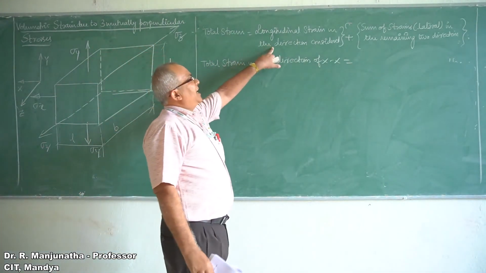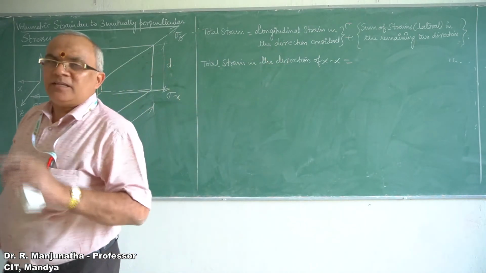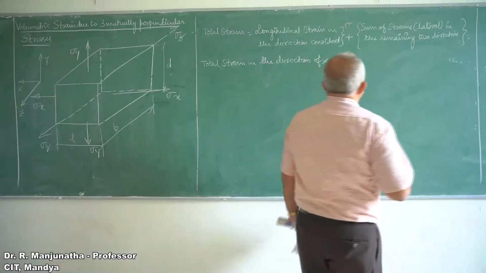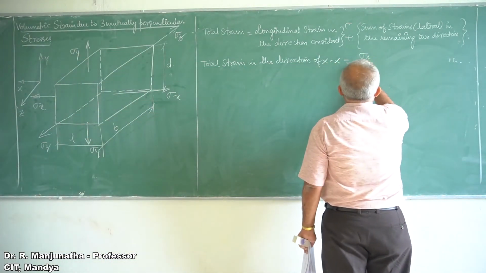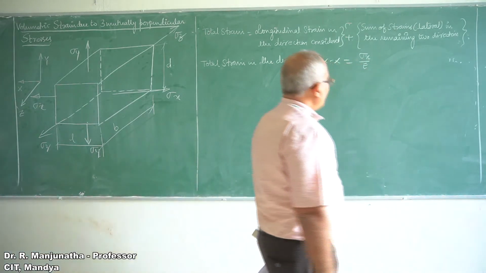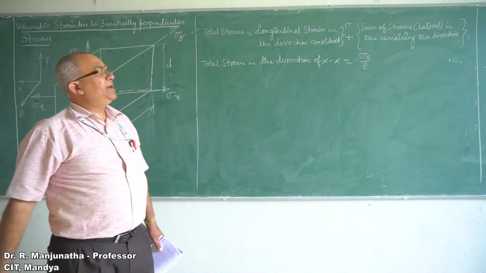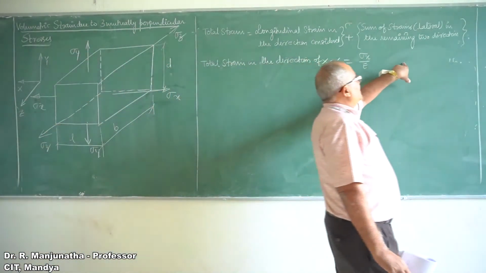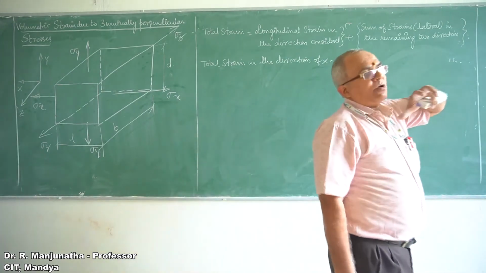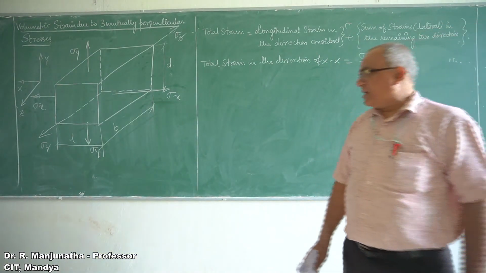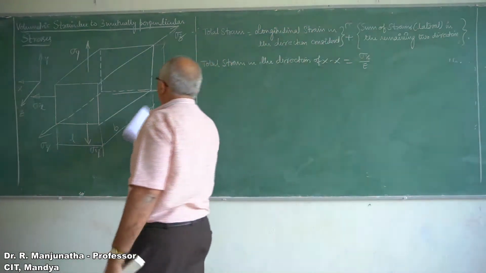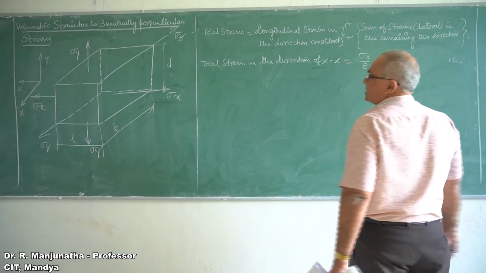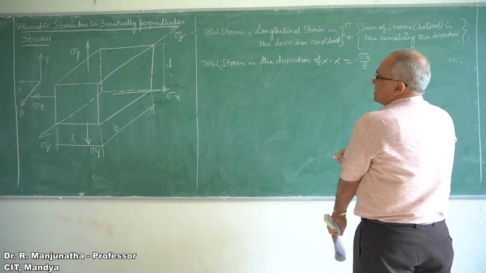When you are considering the direction x, strain epsilon will be equal to sigma by E, so you will have sigma x by E. Then the sum of the strains that are lateral in the remaining two directions due to xx. In the lateral directions there will be a reduction in the dimensions. If you are considering the x-axis, then B and D will be reduced. B is along the direction of ZZ and D along the direction of Y.